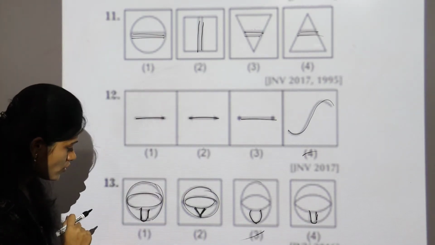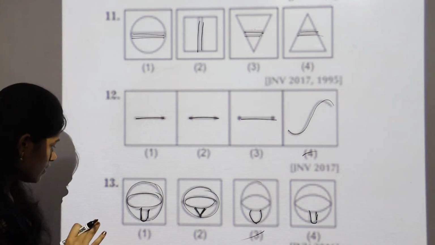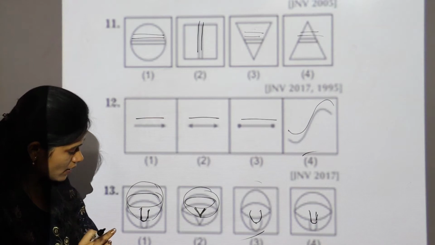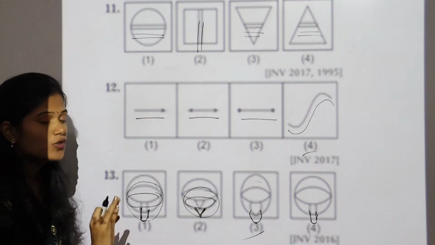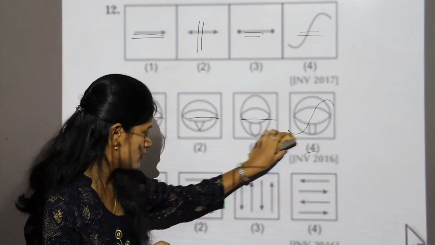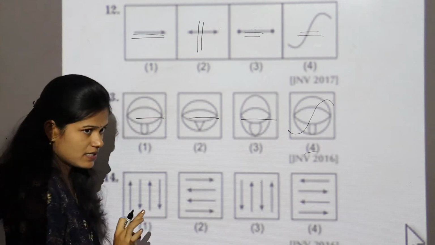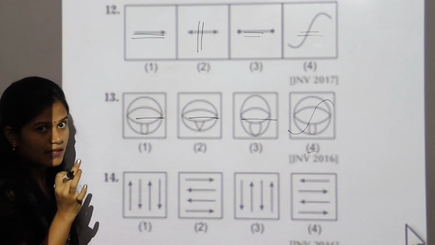Here in this 14th question all the boxes have 4 arrows. 2 boxes are in vertical, 2 boxes are in horizontal. See, 2 are in vertical, 2 are in horizontal. Now see the directions.